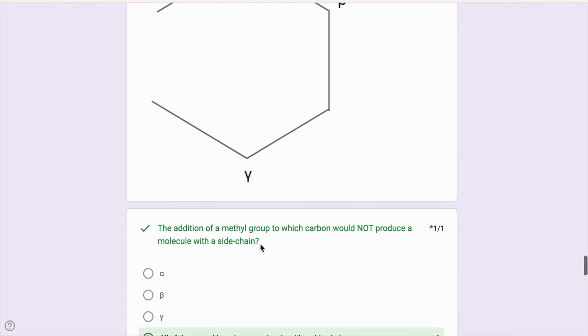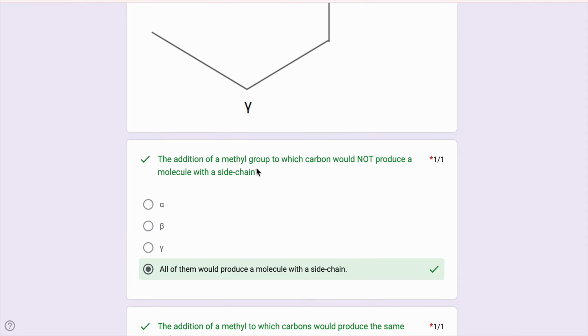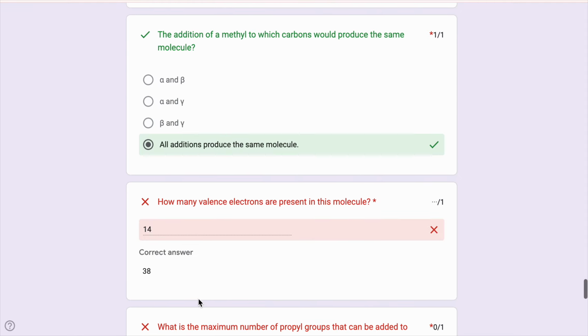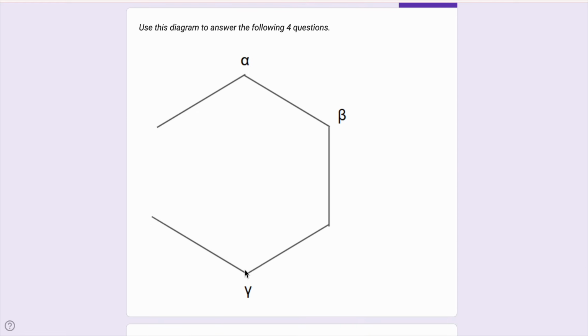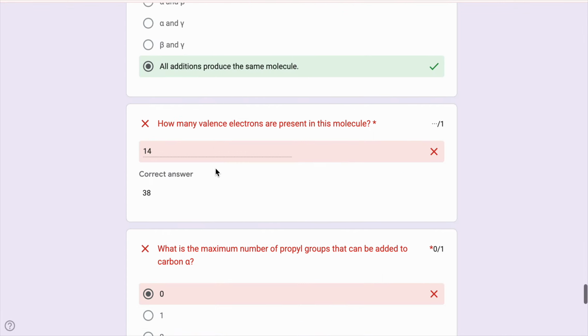Use this diagram. 2 out of 4. Valence electrons 38. How? 1, 2, 4, 5, 6. 6 into 4, 24. Okay.